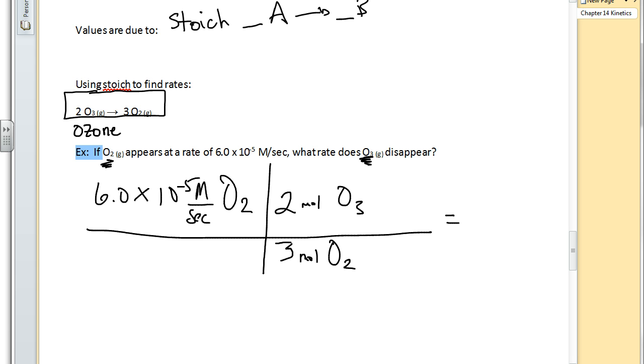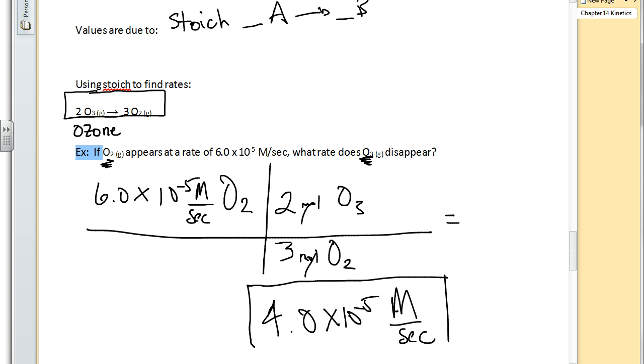So we just multiply 6.0 times 10 to the negative fifth by 2, and then we divide it all by 3. And so we're going to get an answer of 4.0 times 10 to the negative fifth. Moles and moles are going to cancel, and we're left with molarity per second. And so that is going to be the rate at which ozone is disappearing, and what was given in the problem is the rate at which oxygen is appearing.